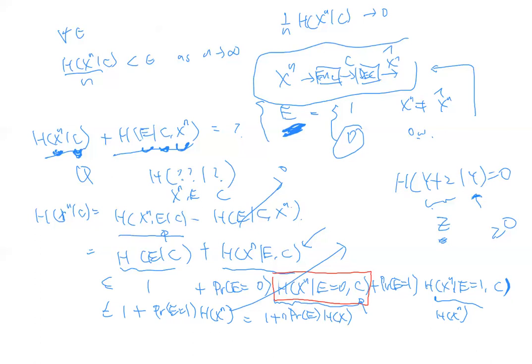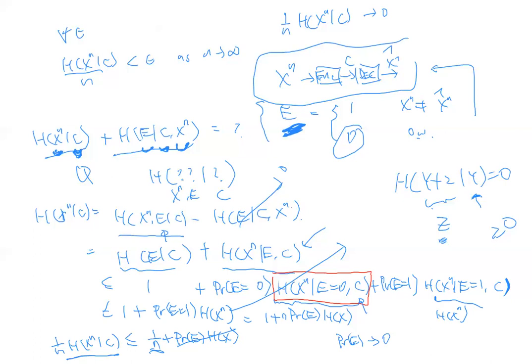So if we divide by n on both sides, I have 1 over n H(X^n given C) is less than or equal to 1 over n plus the probability of error times H(X). Now, if the probability of error goes to 0, then this term is gone and we only have this term left. It means that for any epsilon, as long as n is big enough, this can go arbitrarily small, less than epsilon.